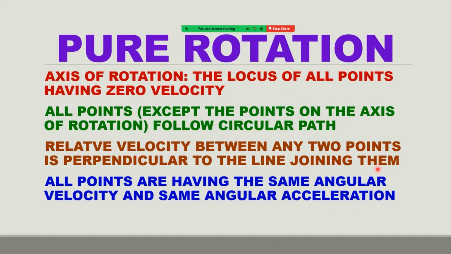Therefore, separation between any two points does not change. That means along the line joining them, there is no relative velocity. Next, all points have the same angular velocity and the same angular acceleration. The same theta, same omega, and same alpha.